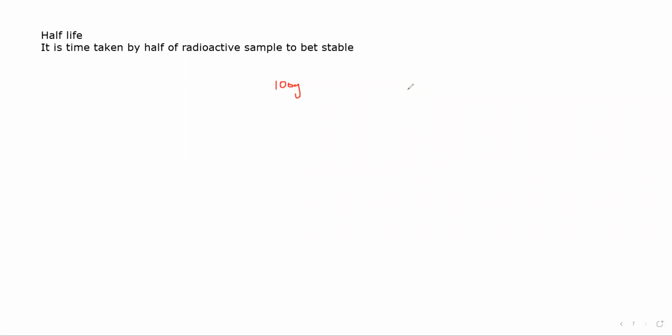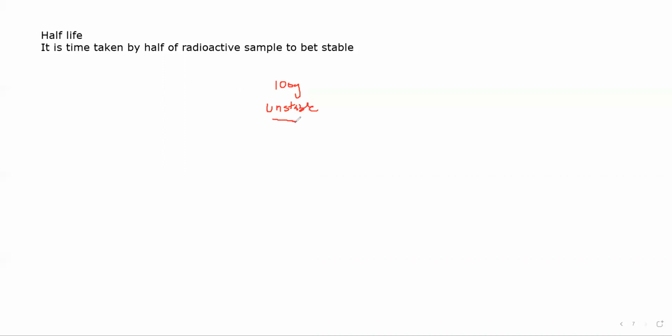What is half of 100? That's equal to 50. So basically, in the beginning you have 100 grams of radioactive material, or I am writing unstable material, meaning emitting out radiation.